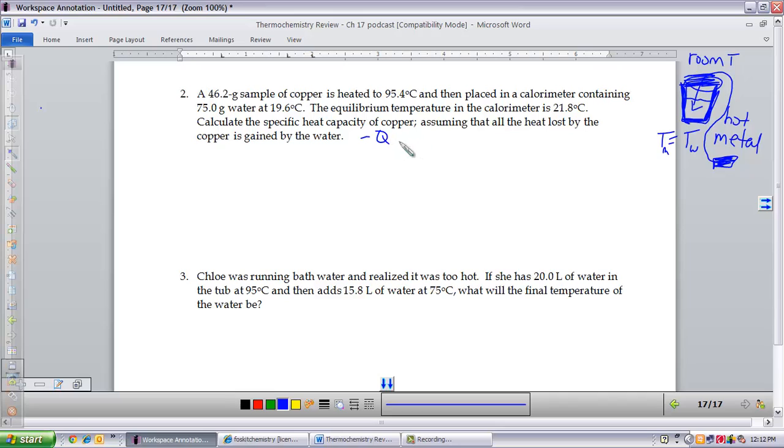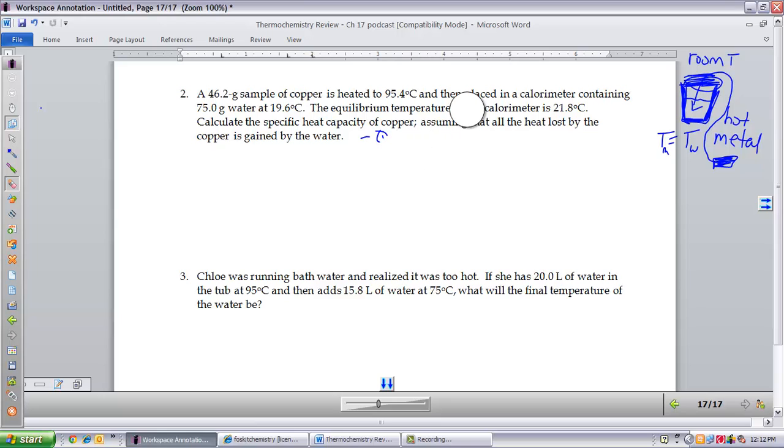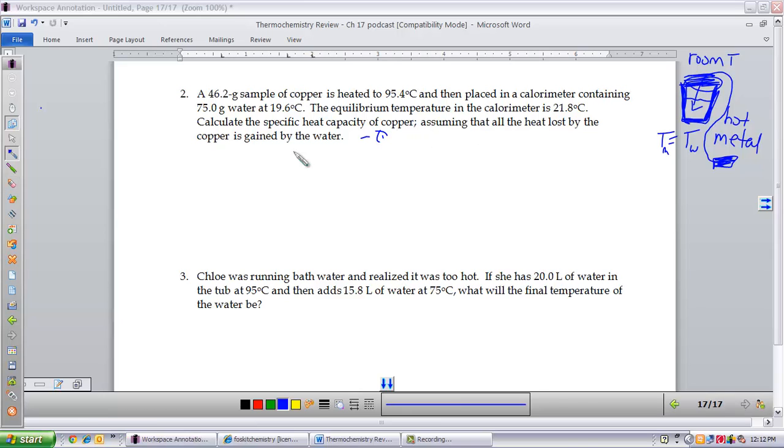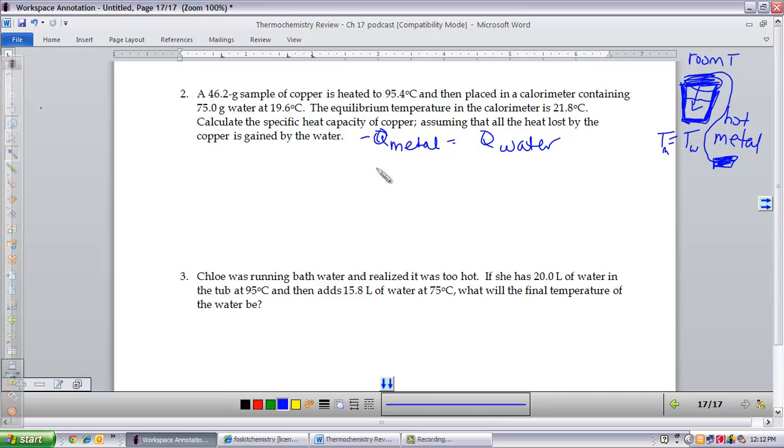So the basic equation is that the heat lost by the metal is equal to the heat gained by the water. This is negative because the metal is losing temperature, and this is positive because the water is gaining energy.